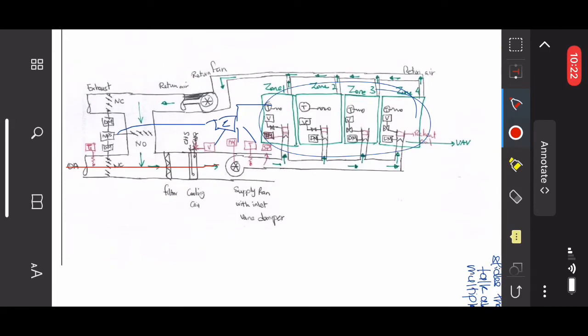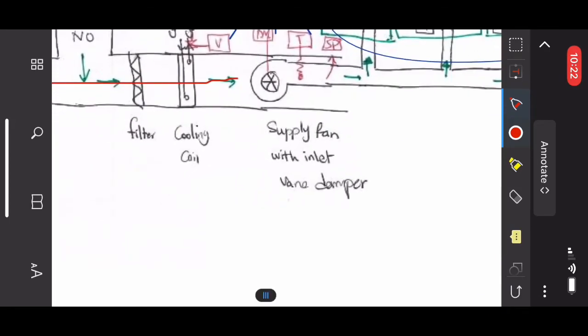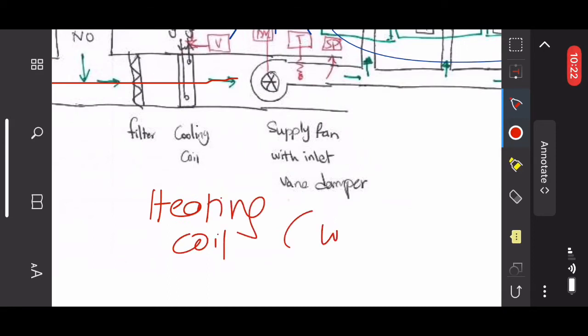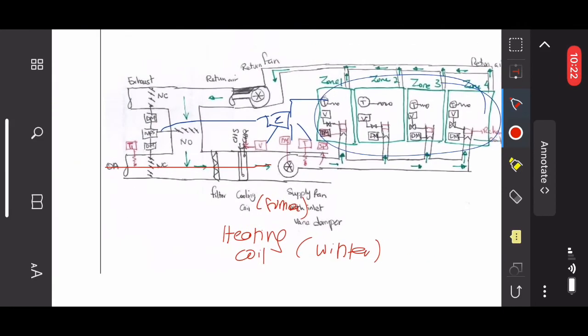What is missing here is the heating coil. This one can be used in winter, this one can be used in summer. Alright, so a heating coil is usually placed at the same place where the cooling coil is, right? Heating coil is placed over there.